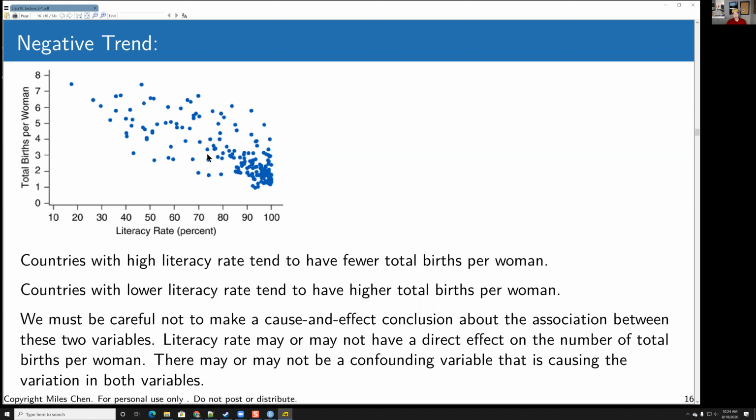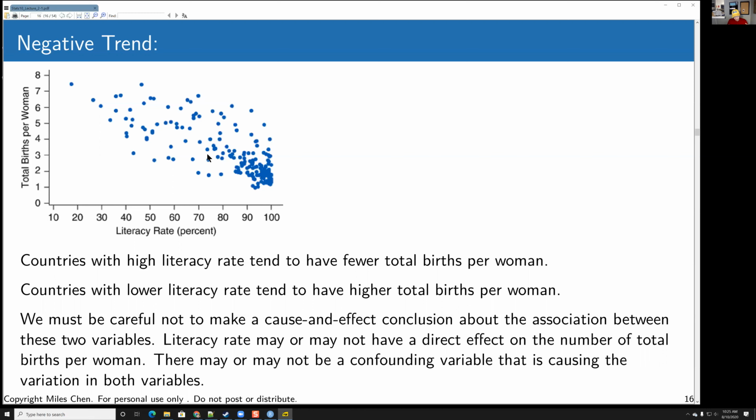Now, we have to be careful and not make a cause and effect conclusion. The literacy rate may or may not have a direct effect on the number of births per woman. It's not saying that as soon as we get people to read and educate them, that causes them to have fewer children.